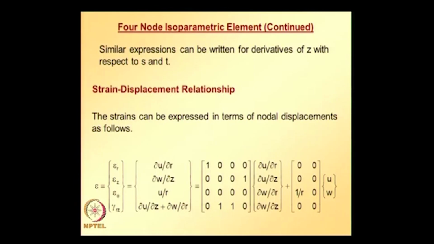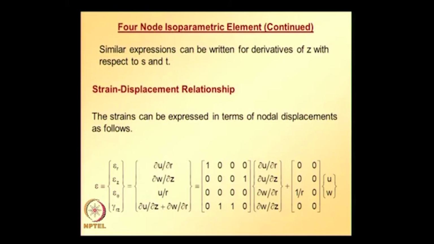We have seen these relations earlier, only now we are putting them in vector form, all the components of strain. The strain vector in terms of displacements can be rearranged and expressed in matrix and vector form, which is shown on the right hand side of the equation.